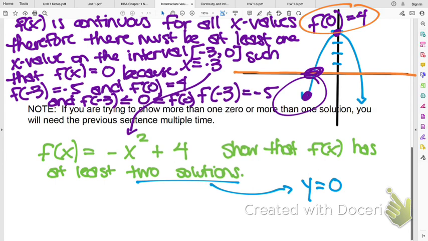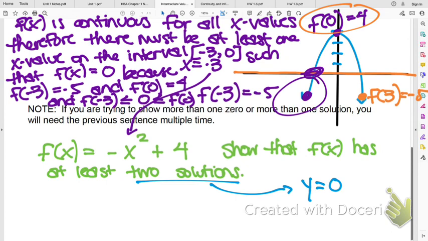If I would like to do this a second time, I must do it between that point and a point to the right. Yes? If I was being smart again, what point should I do? 3. Yes? Because I already know what that is because of symmetry. I know f of 3 is equal to negative 5. Now, the only difference for this one is going to be which one is first in that inequality sign, right?